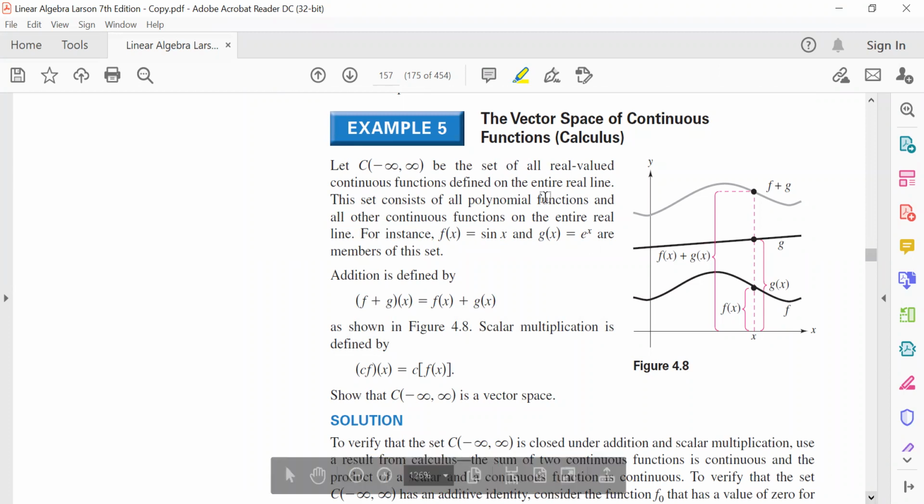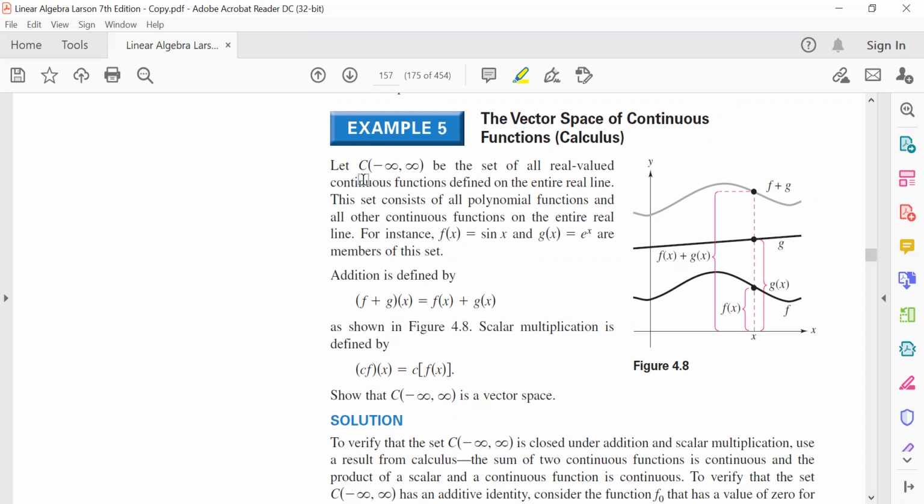And we know that when you add two continuous functions, you get a continuous function. Again, it's something we know from calculus. And we know that if you multiply a continuous function by a scalar, the result is going to be a continuous function.